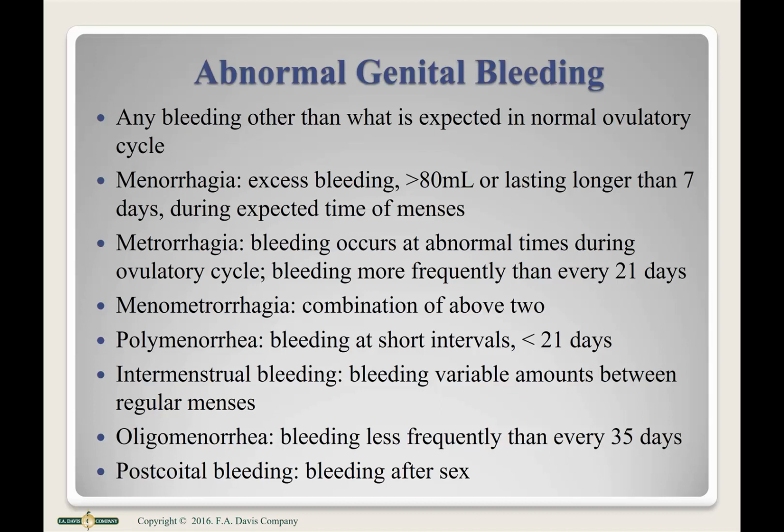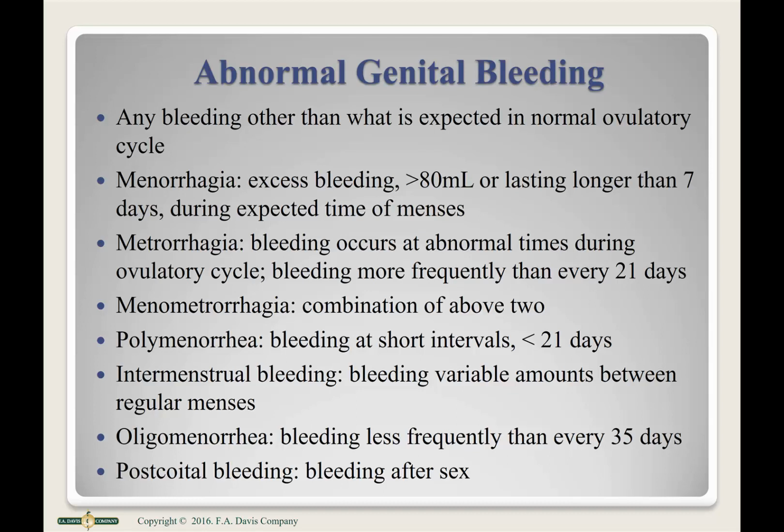So this is just bleeding outside of the normal menstrual cycle, okay? So just clump all those terms together and don't worry about it. But menometrorrhagia, just know that she's bleeding heavily during these abnormal times, or bleeding too long during these times.